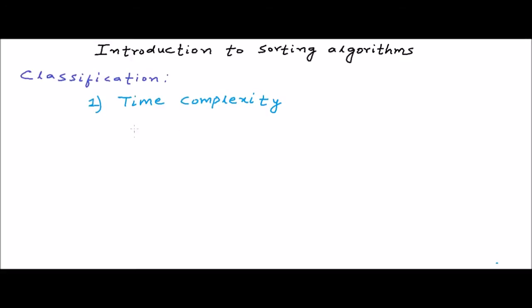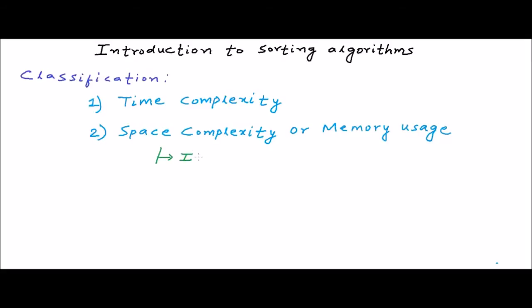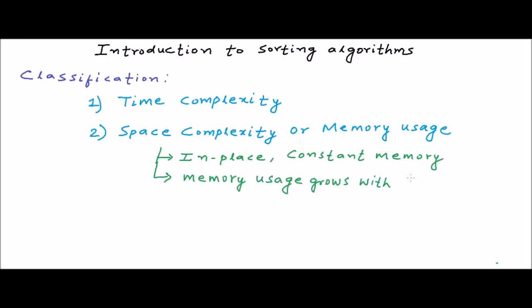The second parameter is space complexity or memory usage. Some sorting algorithms are in place. They use a constant amount of extra memory to rearrange the elements in the list, while some sorting algorithms like merge sort use extra memory to temporarily store data, and the memory usage grows with input size.